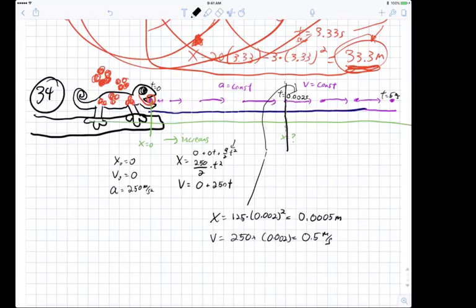So I know you accelerate for 20 seconds, so I can figure out what your position is then. 1/2 times 1.1 times 20 squared is equal to 220 meters.